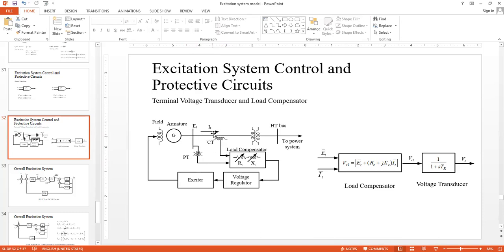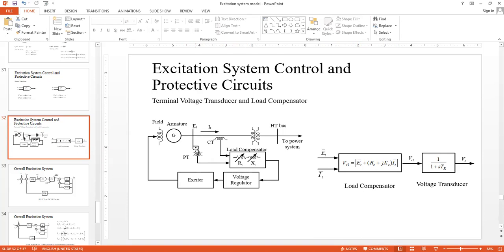So these are the two inputs, ET and IT, and with the help of these two, the output of the load compensator would be calculated. The output is VC1, and that is nothing but the absolute value of ET plus (RC plus jXC) multiplied by IT.